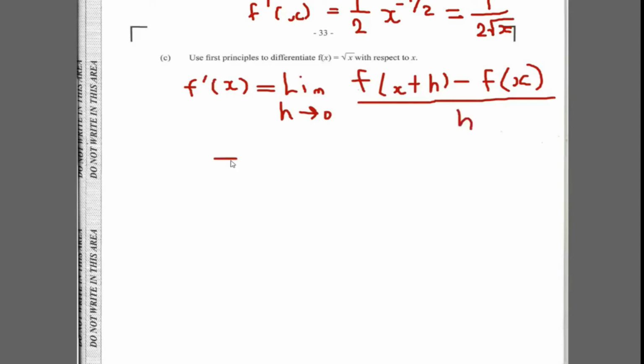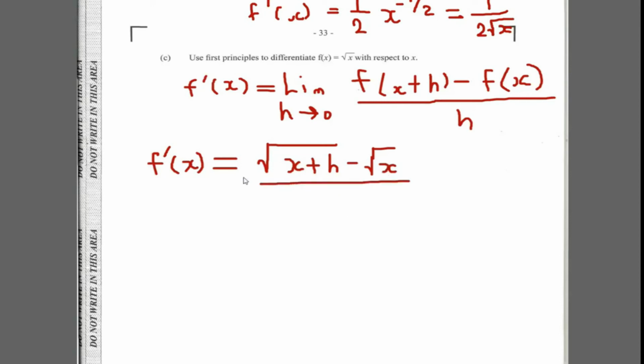All right, and so let's do that now. Let's evaluate f prime of x. Evaluating f prime of x, what we're going to get is, plugging in x as x plus h, that will become the square root of x plus h minus the square root of x, and this is all being divided by h.